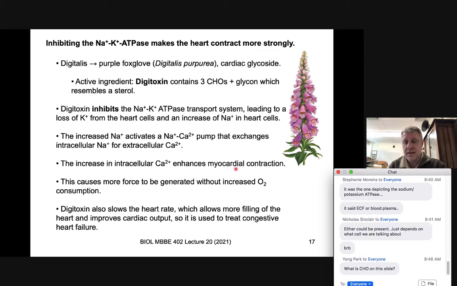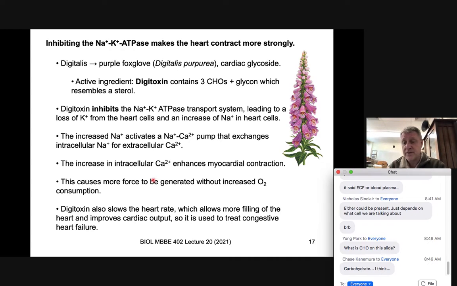With that increase of contraction, we get more force and the capacity to generate higher blood flow and circulation without the increase of molecular oxygen consumption. So basically, we're refining the cell system by tricking it to do something else by increasing its calcium levels.